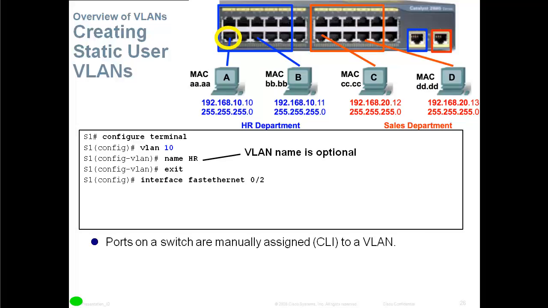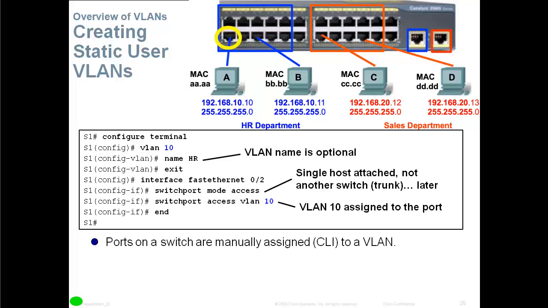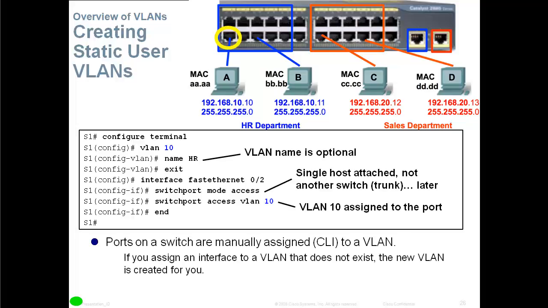Then you access the individual port, for example, interface FastEthernet 0/2, and tell it that it's going to be an access port. The command is switchport mode access. We tell it that it's going to be an end device connected to it and not another switch, so we don't need a trunk port. They can either be an access port or a trunk port. So we say access port, and then we say which VLAN to access: switchport access vlan 10. So now we have moved port 2 to VLAN 10.